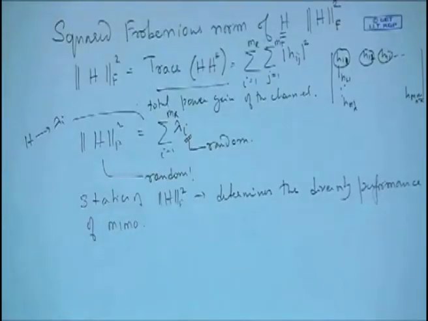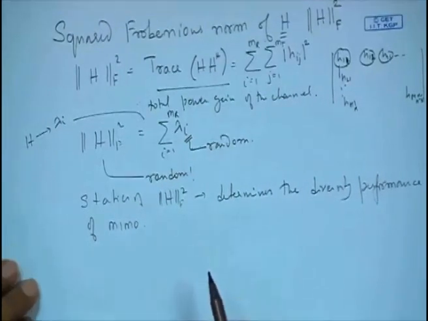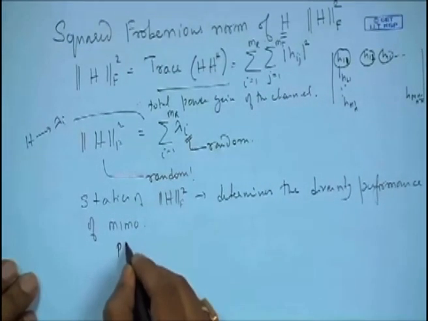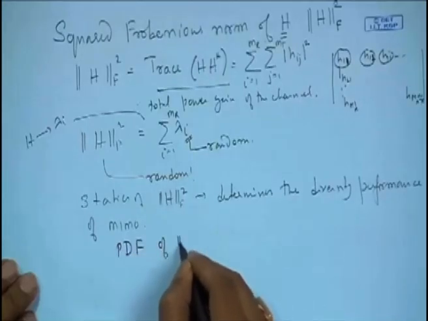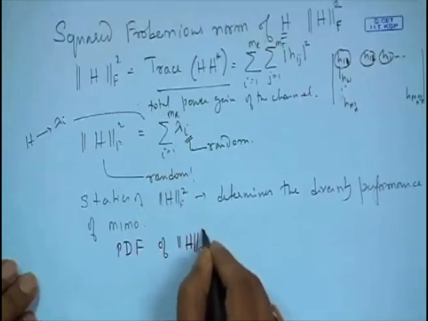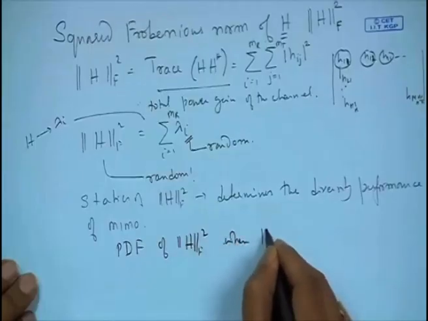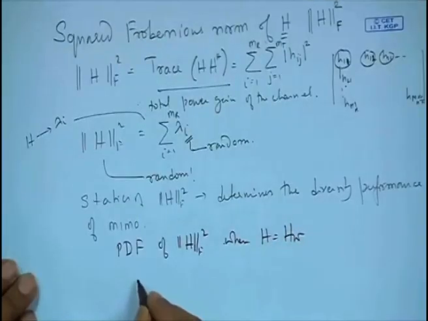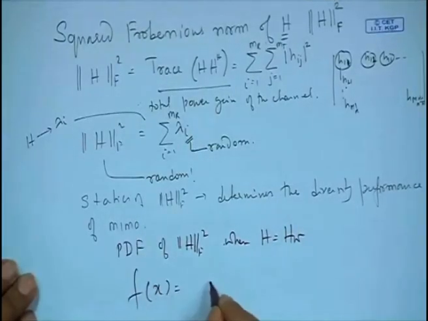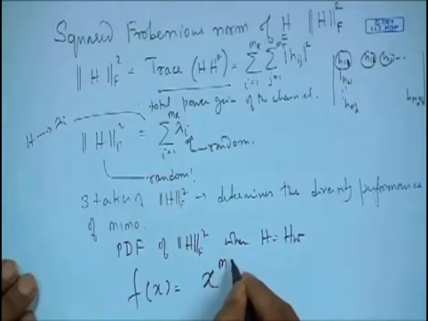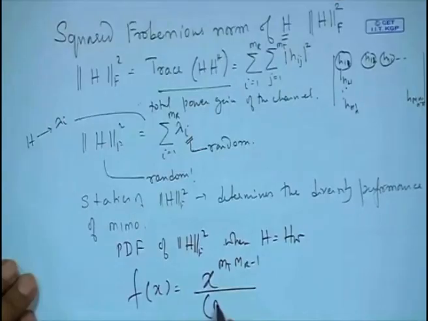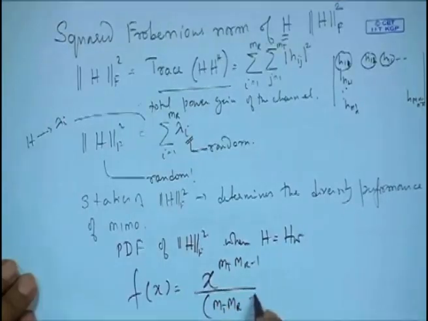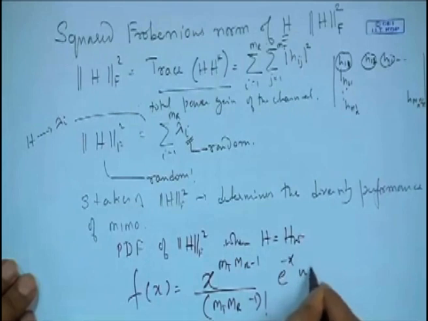This is a very important random variable, and if you take the PDF of the squared Frobenius norm when H is equal to HW, so we are taking the spatially white channel, we could write f of x as x raised to the power of mt mr minus 1 divided by mt mr minus 1 factorial, e to the power of minus x, u of x.